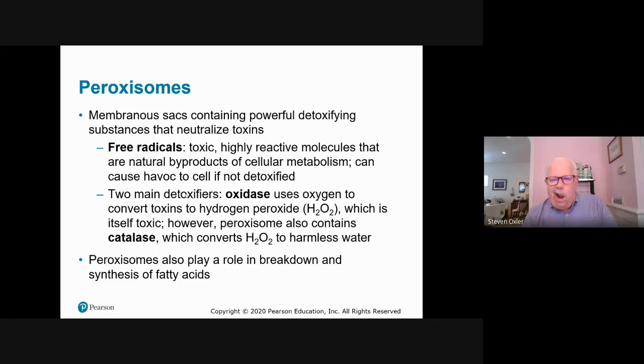However, the peroxisome also contains catalase, which converts hydrogen peroxide to harmless water. So the oxidase makes H2O2, and the catalase takes off an extra oxygen from hydrogen peroxide and turns it into water. Okay? So that's what you should know about peroxisomes. It neutralizes free radicals.